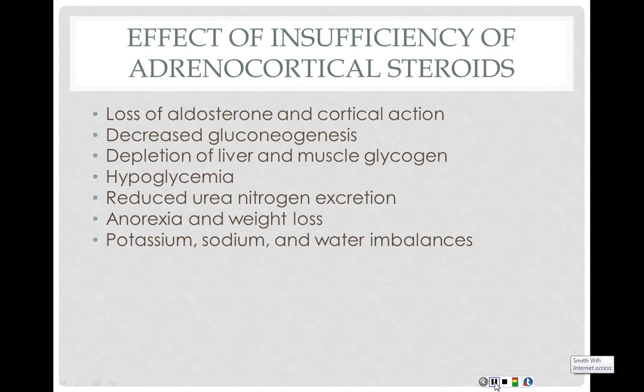Aldosterone is the hormone that aids in fluid balance by causing sodium and water retention and potassium wasting. And so what we see in the absence of aldosterone, water and sodium are going to be lost, and potassium is going to be retained. Also, the person is going to have an increase in hydrogen ions, which leads to acidosis.